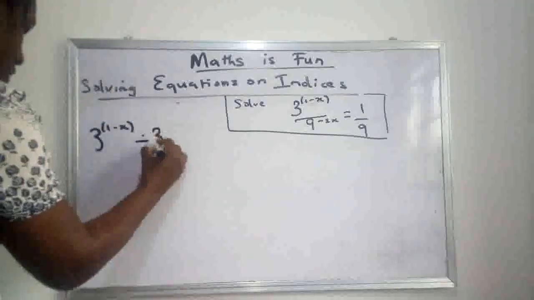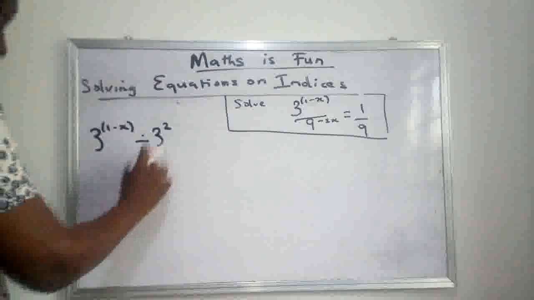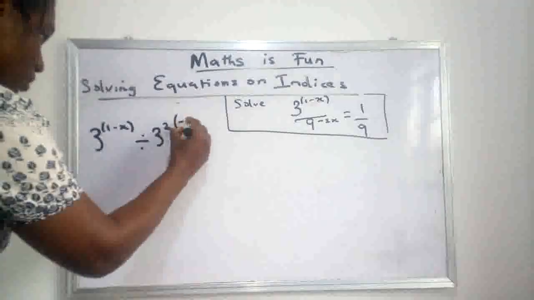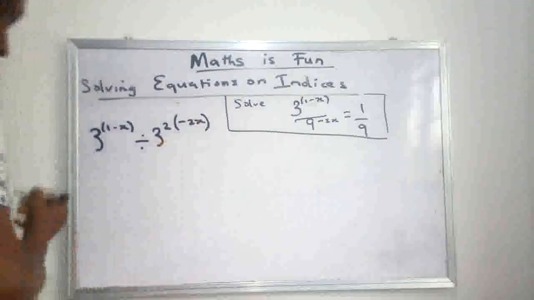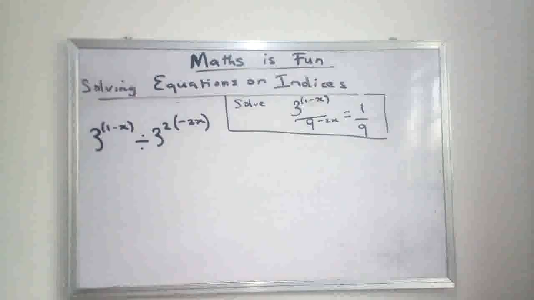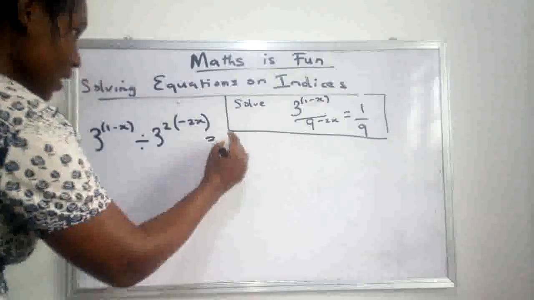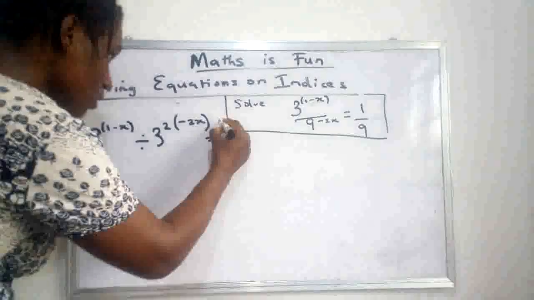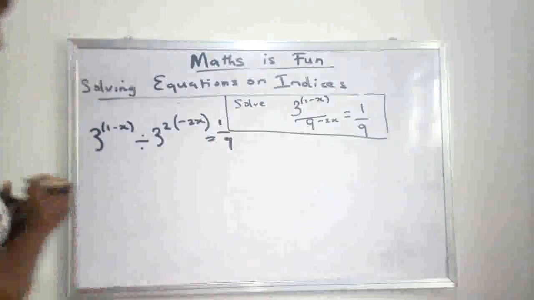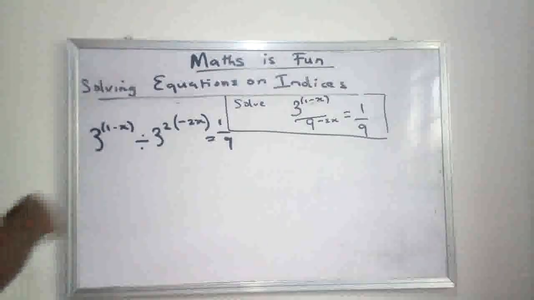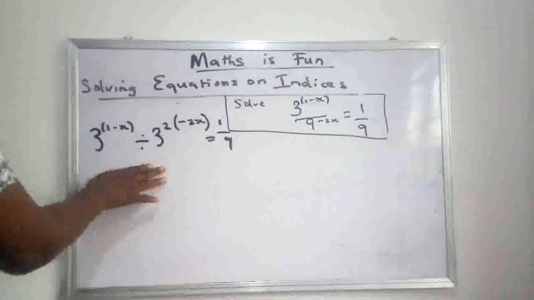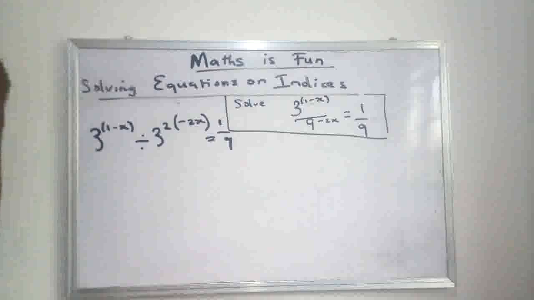We have 3 raised to the power 2, that is 9, then we have our minus 2x, which is still outside. Do you see what we just did? Alright. Then it is equal to 1 over 9. Alright. So in this case, we can see that the bases are now the same.